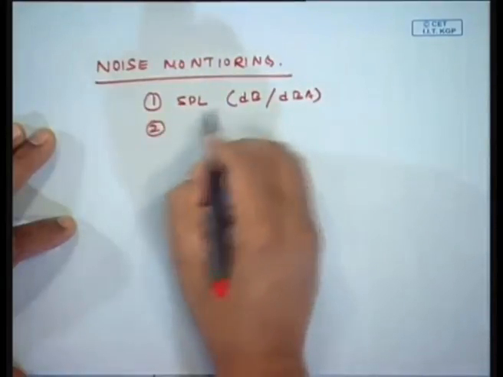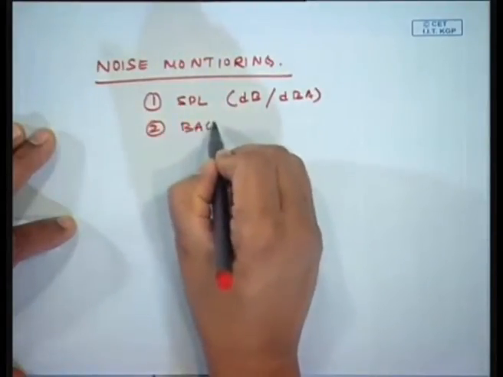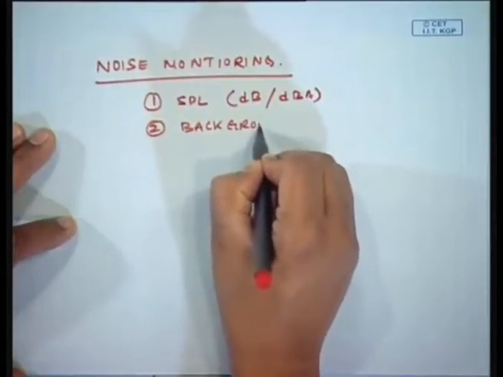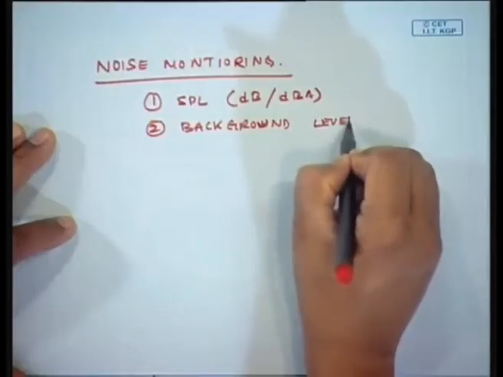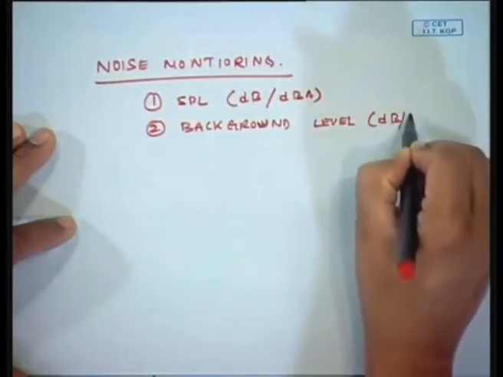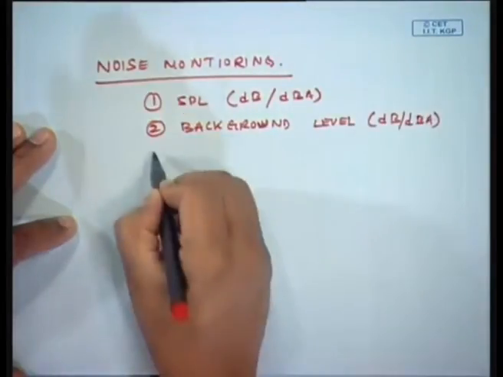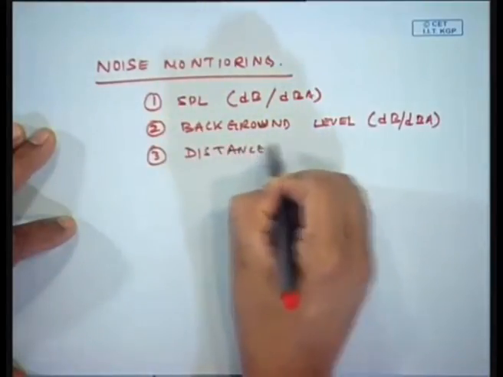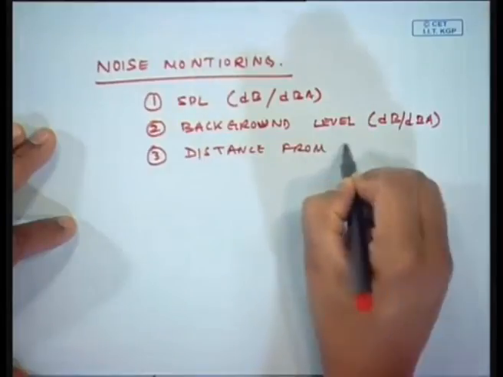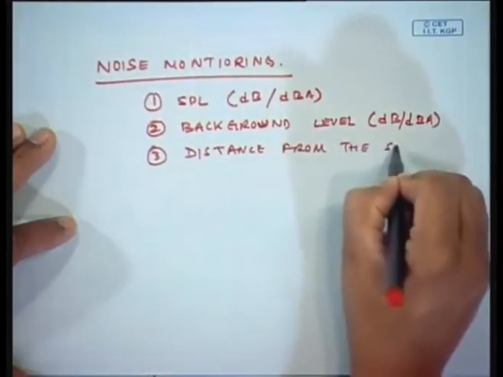Next is the background level, dB or dBA. Very important is the distance from the source.